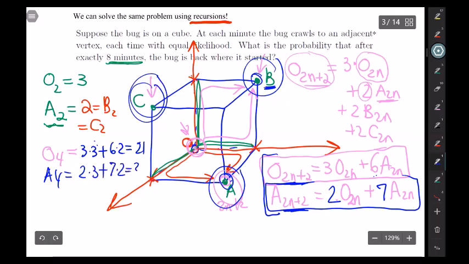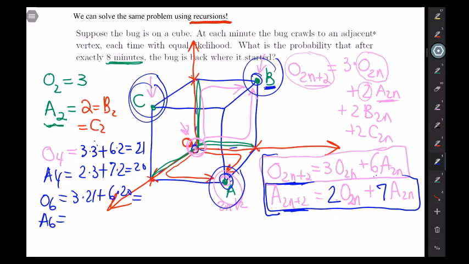That's 14, that's a 20. Okay, let's do O6 and A6. O6 would be 3 times O4, which is 21, plus 6 times A4, which is 20. So what is this? That's huge. 183, thank you.